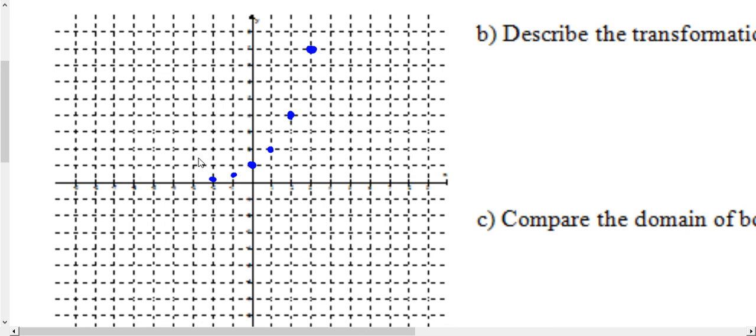There we go, we have enough coordinates that I can connect my dots. It's going to be a straight line running above the x-axis, and it's going to start curving up and going through all our coordinates. Of course, you want to draw an arrowhead on each end, and this is now labeled as y = 2^x.